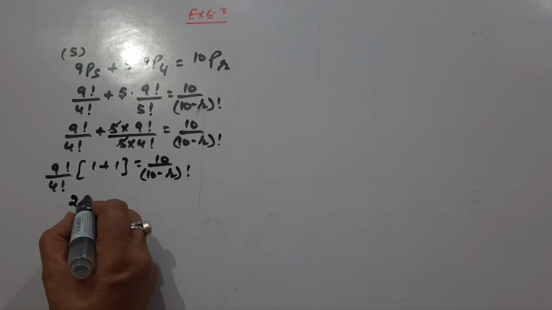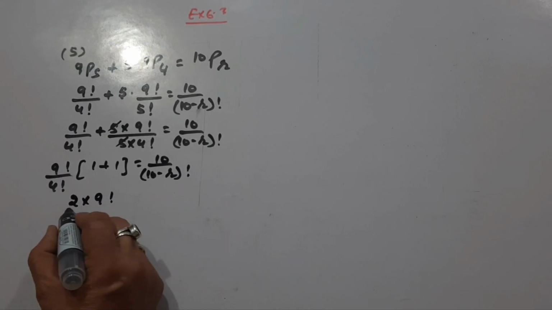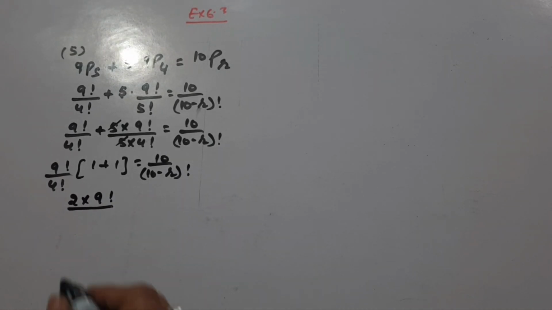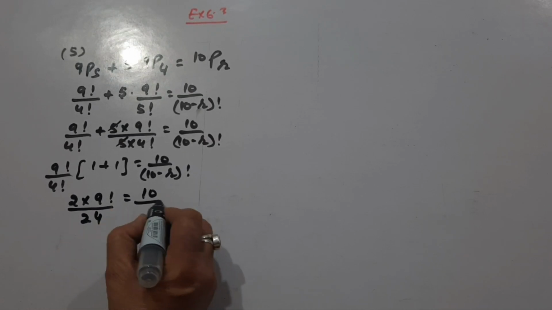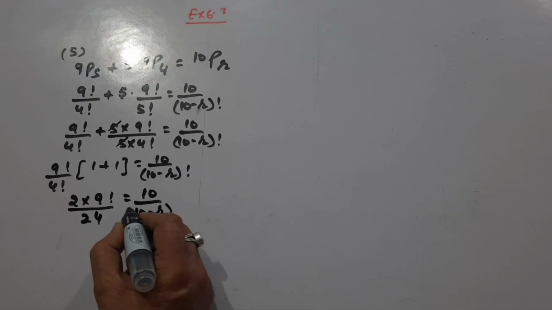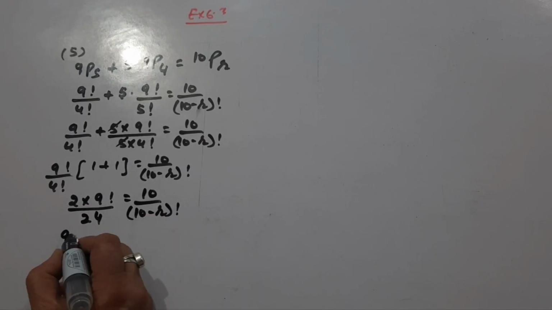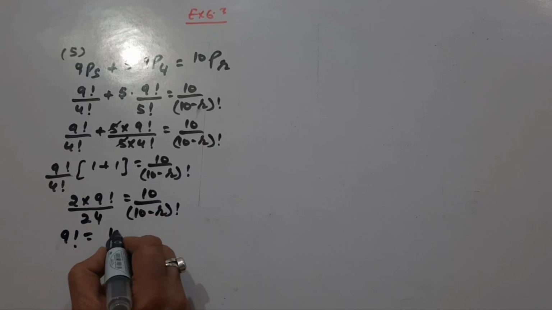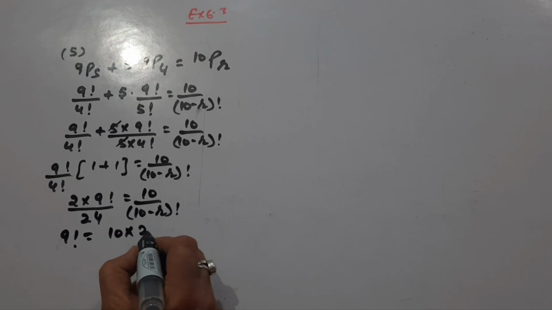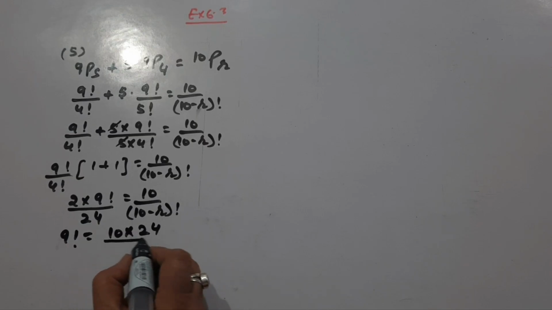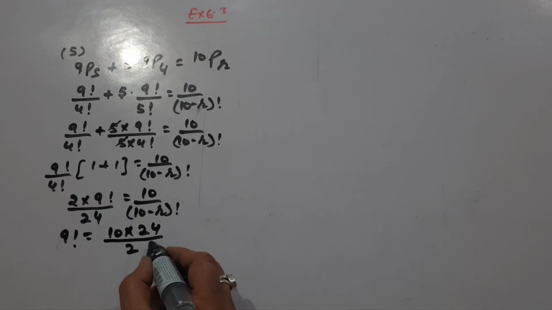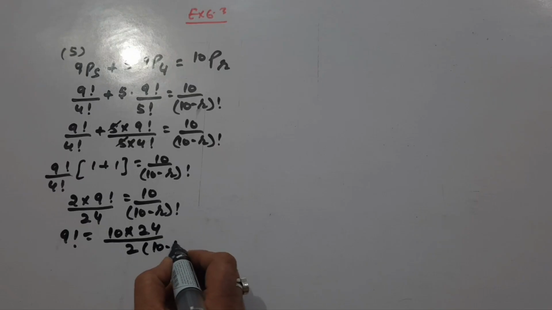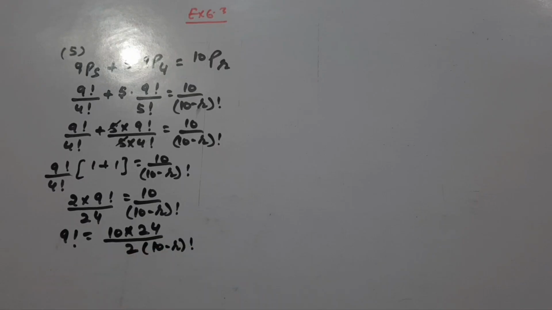So we get 2 times 9 factorial upon 4 factorial, and what is 4 factorial? 4 factorial is 24, equal to 10 factorial upon (10 minus r) factorial.